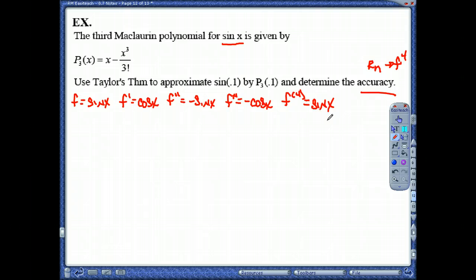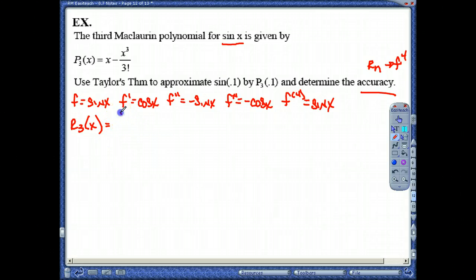So the first thing I need to do is look at that remainder. Remember, this is your n. But in order to find that remainder, I've got to use the fourth term, so to speak. So that's going to be my f of 4 of z over 4 factorial, times x minus c.